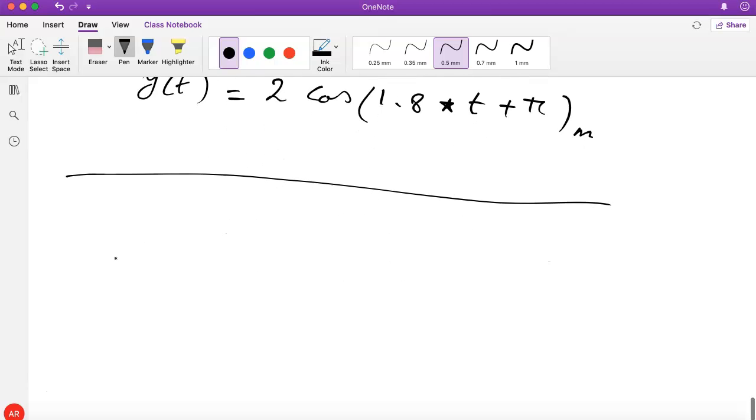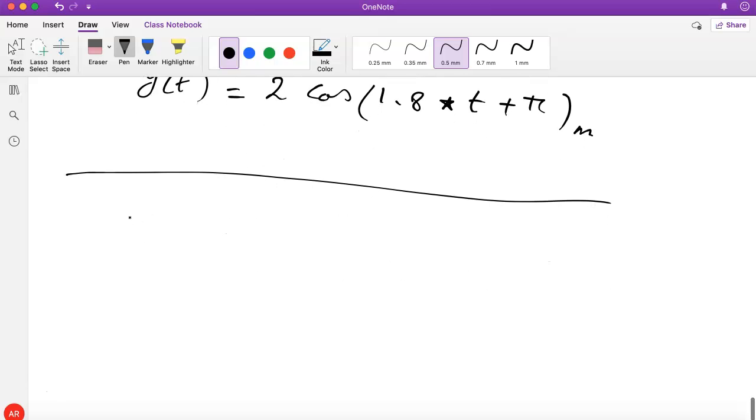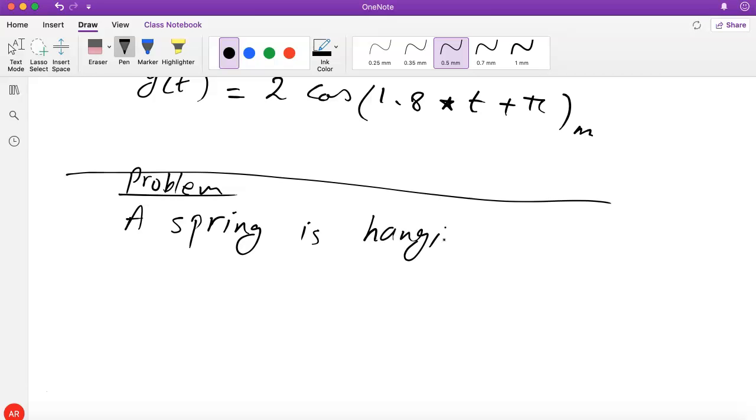So let's say, problem: a spring is hanging from the ceiling.